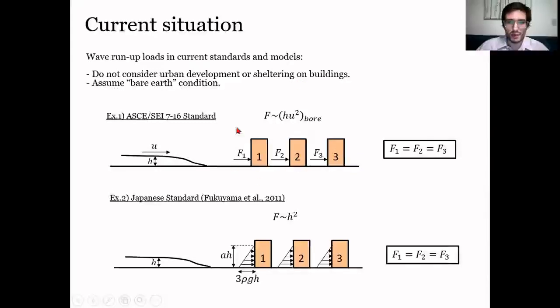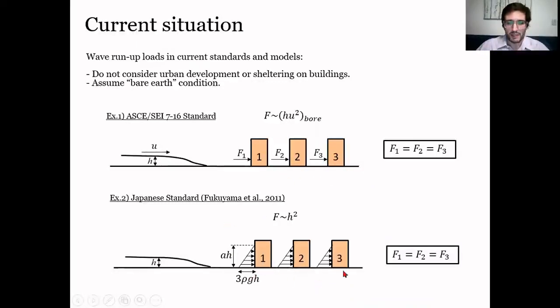They assume a best-case condition, meaning that there are no buildings placed in the domain when you are computing the loads. For instance, the American standard computes the loads with a value proportional to the momentum flux, but the loads on building number 1, building number 2, and building number 3 are assumed to be the same.